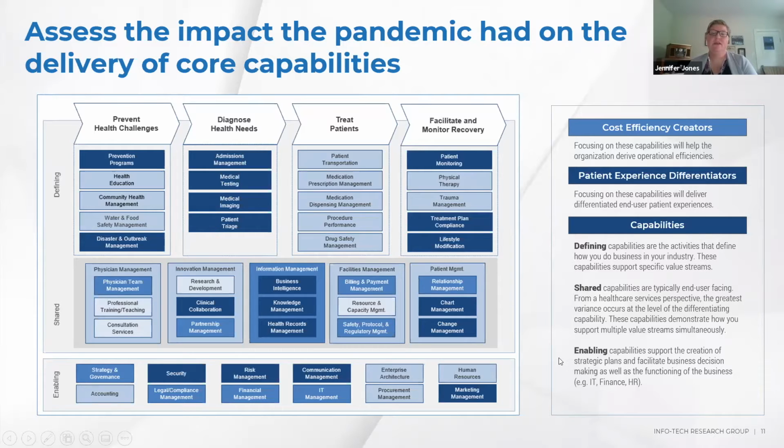And then from an enabling perspective, which capabilities support the creation of strategic plans and may operate as a shared service to enable all of these defining and shared capabilities. This is a really great way to understand what an organization does in a snapshot and to provide some context, not only for your IT team, but for your other business or organizational stakeholders.